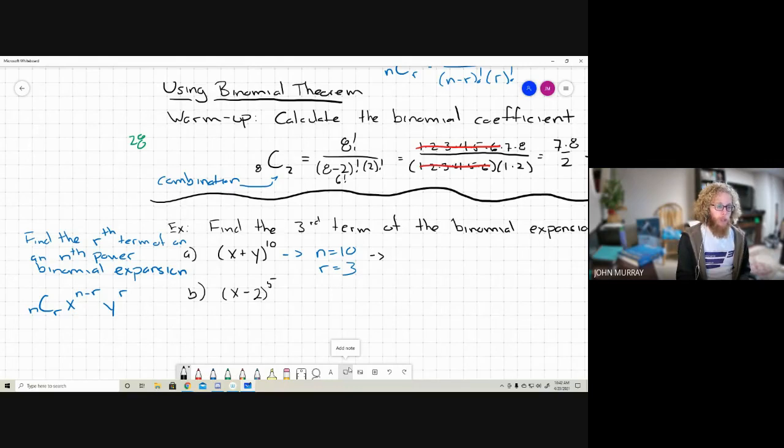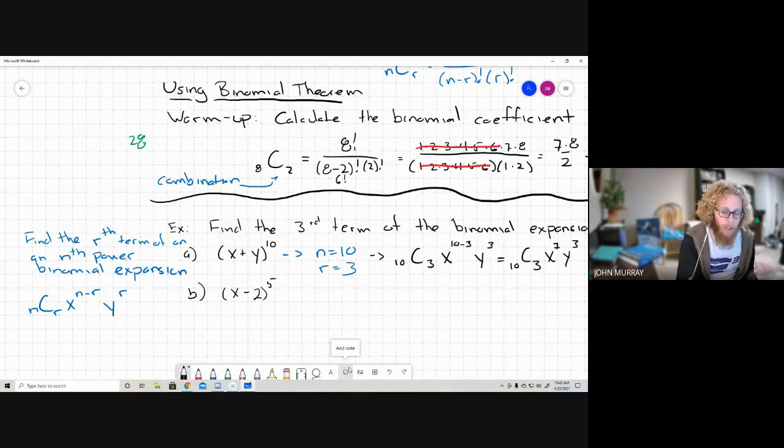So the third term of this expanded all the way is going to be 10c3 times x to the 10 minus 3 times y to the third. We can simplify the variables before we do anything, so I'm going to leave this as 10c3 right now. And that's going to be x to the 7th, y to the third.